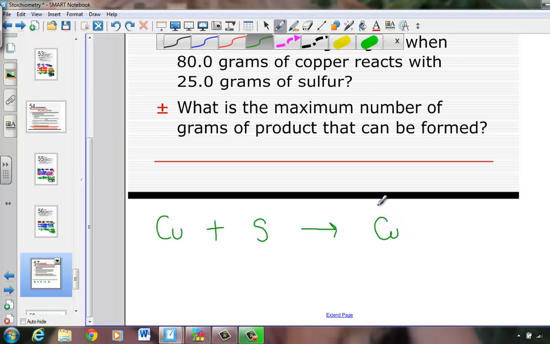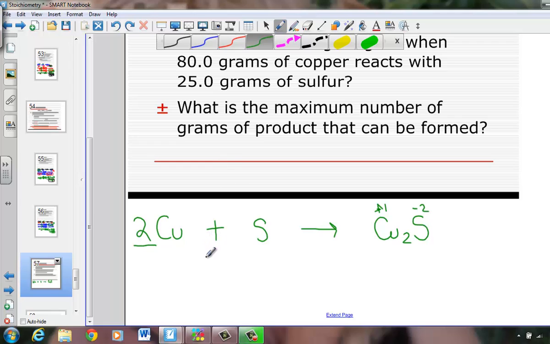Copper with a +1, sulfide would be a -2, so we get a compound Cu2S. So our balanced equation, 2 to 1 makes 1. Combination. When a metal hooks to a nonmetal, they hook by charge.